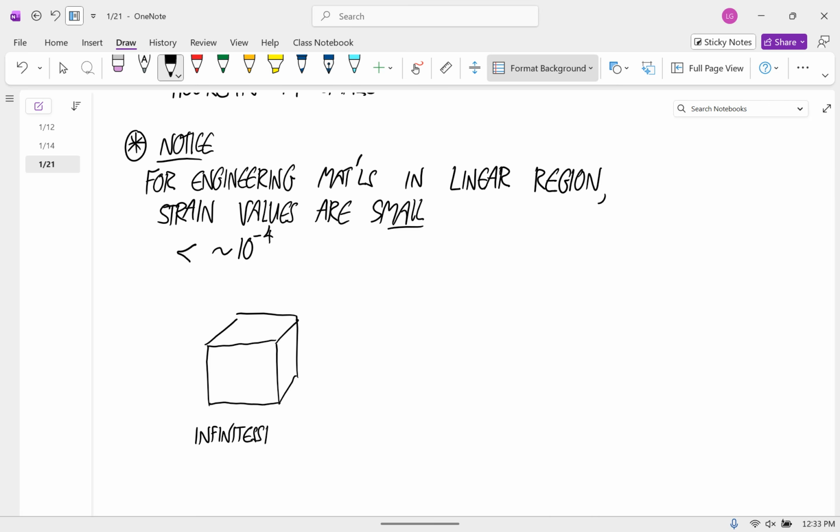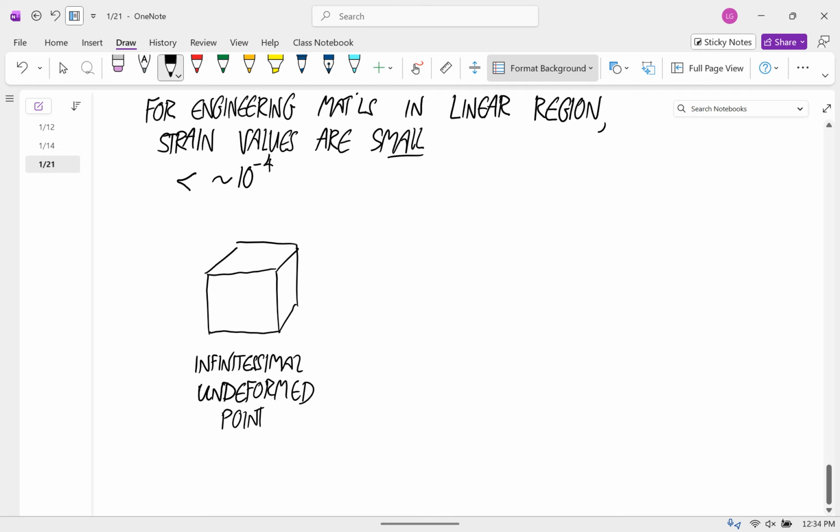So this is an infinitesimal, undeformed point in a material. And it undergoes a deformation.